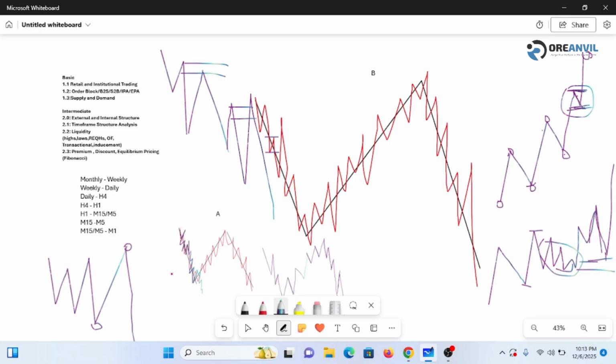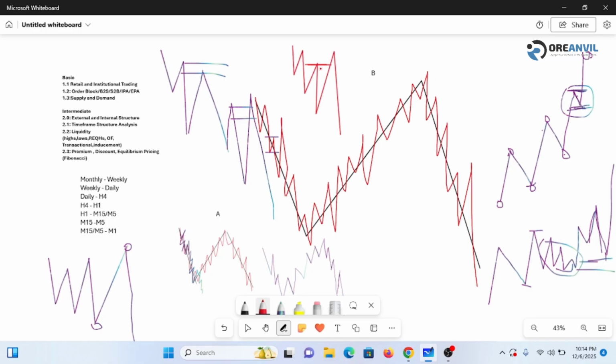Now you know for sure, you realize in a minute what you are exposed to in your learning phase. So why will price break a structure? This is BOS. This is the one. This is BOS, right? So why will price take break of structure and continue lower?